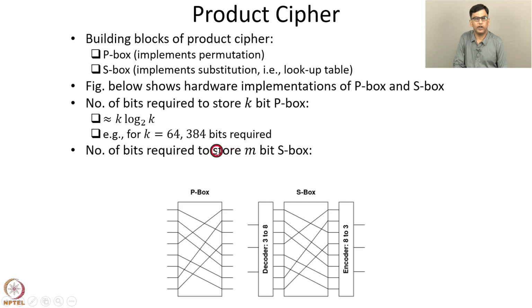The number of bits required to store an m-bit S box is m times 2 to the power m. It is left as an exercise for you to verify that we require k log k bits to store a k-bit P box, and we require m times 2 to the power m bits to store an m-bit S box.